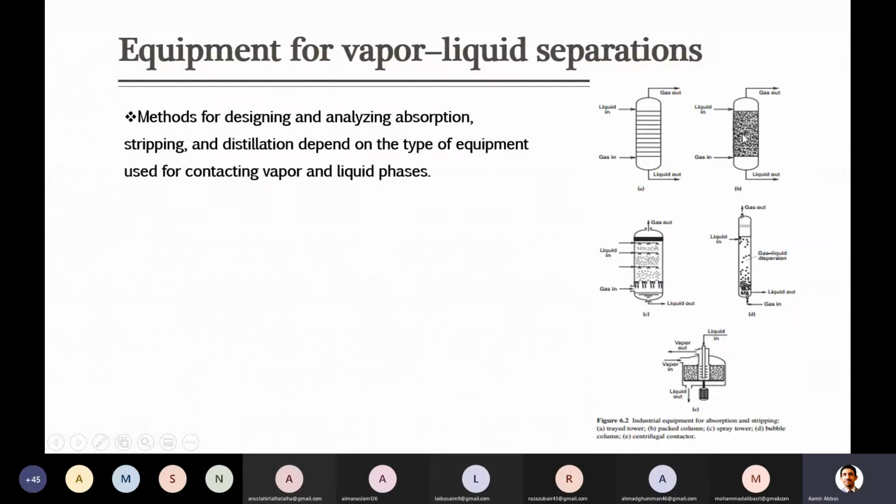The next equipment shown here, with names mentioned at the bottom in the caption of the figure, is the packed column. Here some random packing is shown.